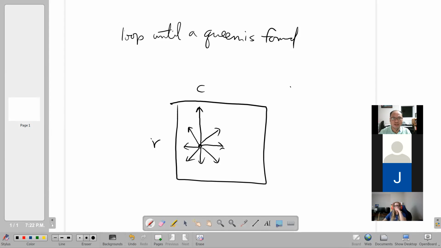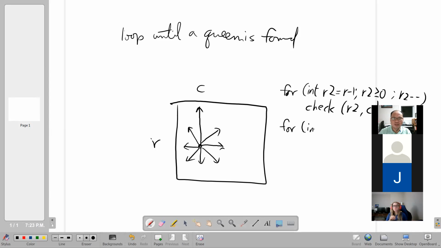So how do you go up? Maybe you write something like for int R2 equals R minus 1, R2 greater than or equal to 0, R2 minus minus, and then you write check R2 and C. Check just means see if that cell has a queen. What about this diagonal one?